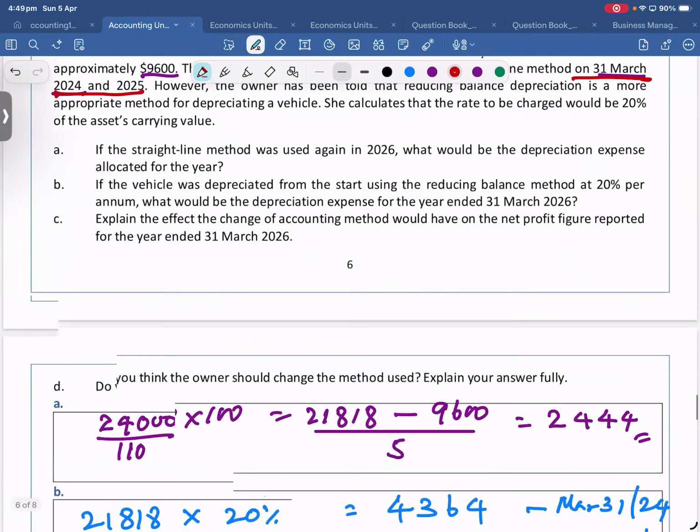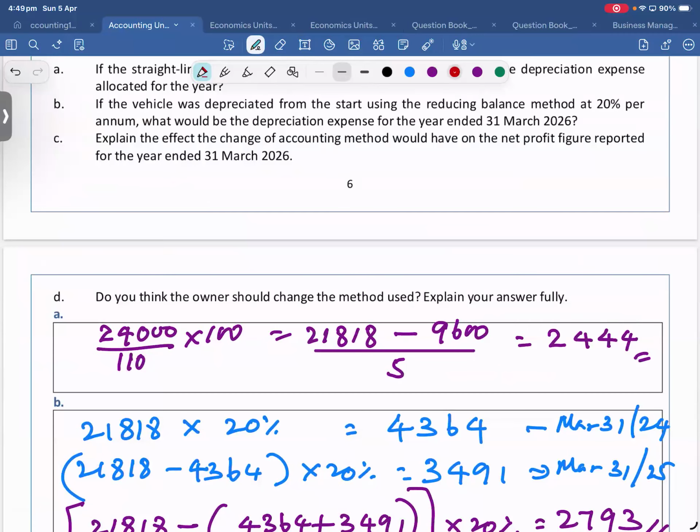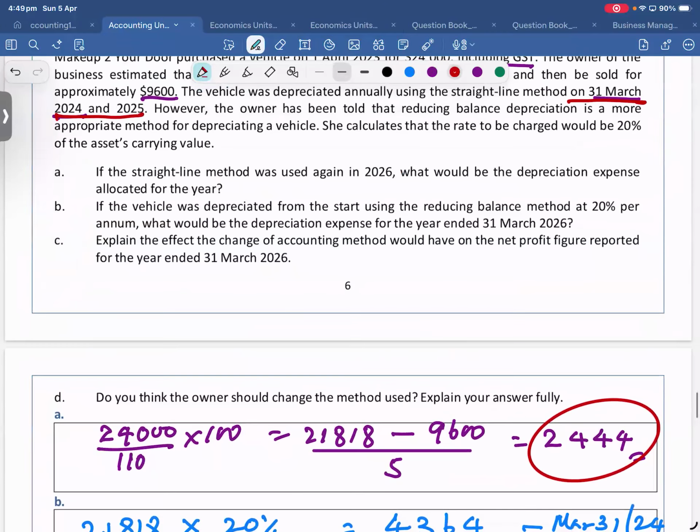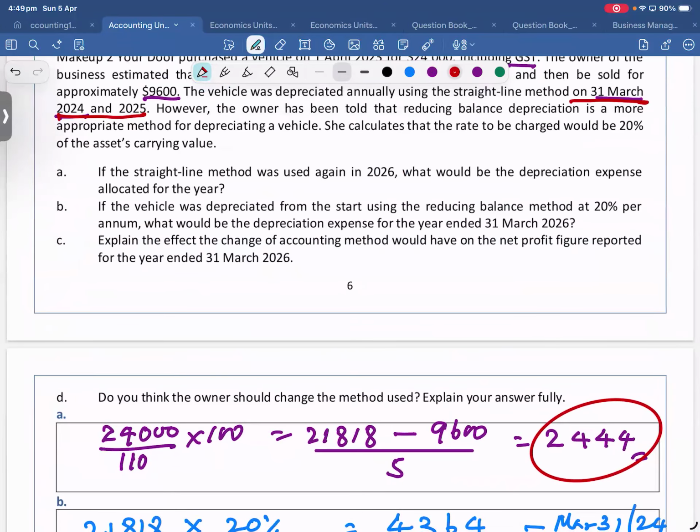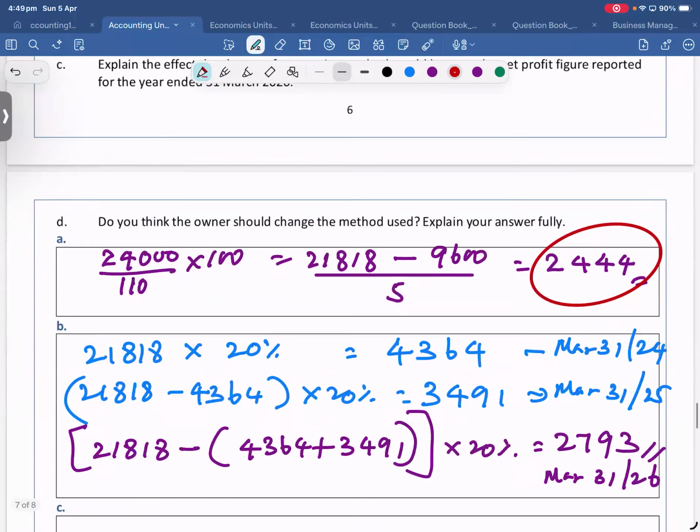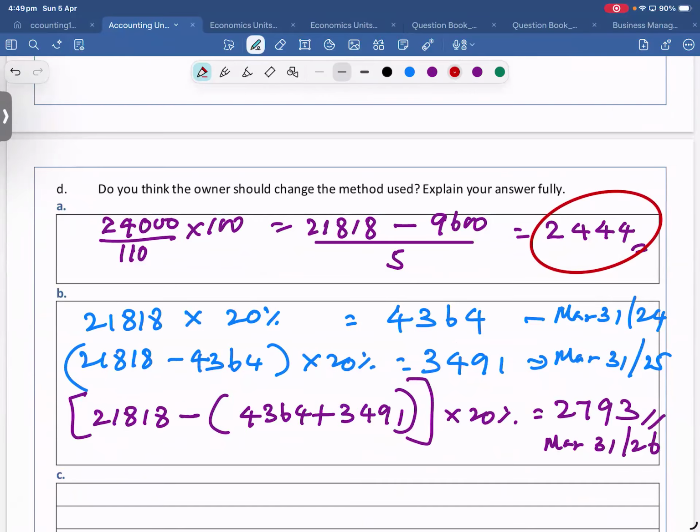So, meaning, what's the depreciation expense? 2,444 was the depreciation expense. Then for March 31st, 26, they are using the reducing balance method, and then they are getting 2,793.